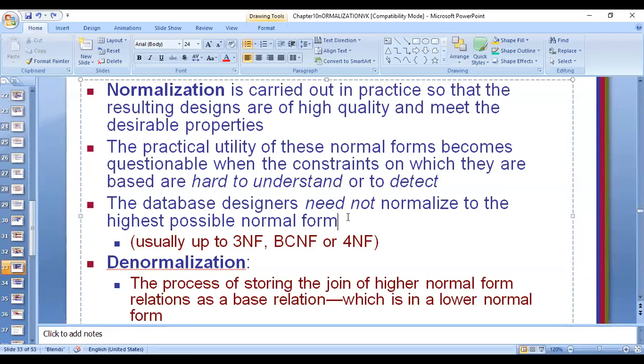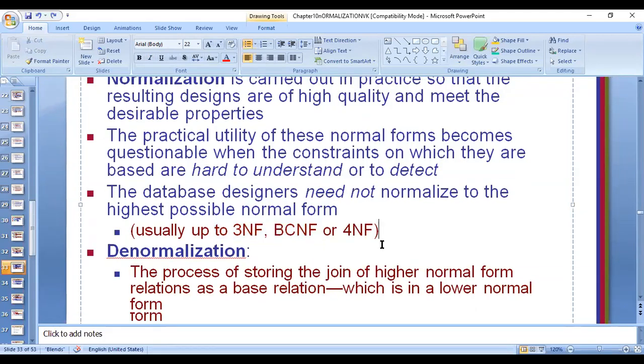Similarly, a table cannot be without impurity; some kind of impurity will be there in the table. So it is not that all the time you desire the highest normal form. You may stop at some normal form in between. You may get satisfied with fourth normal form, third normal form or BCNF. Nobody will try to achieve all those 12 normal forms. It may not practically be possible.